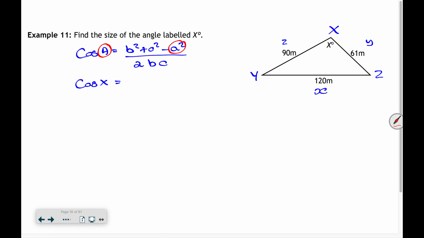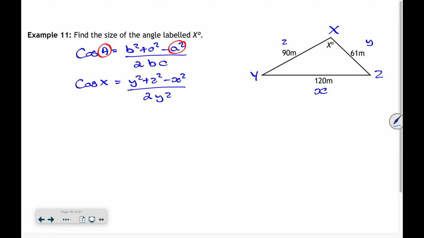That's where X and x are going to go. So y and z have to be in the other positions. So that would be y squared plus z squared minus x squared all over 2yz. It doesn't matter if you say z squared plus y squared, because you're adding them together, you get the same answer. But you must make sure that you take away the opposite side from the angle squared. That's a key thing to remember here.